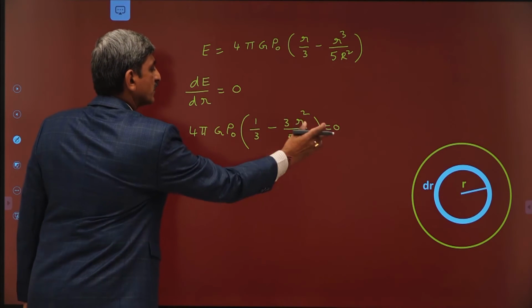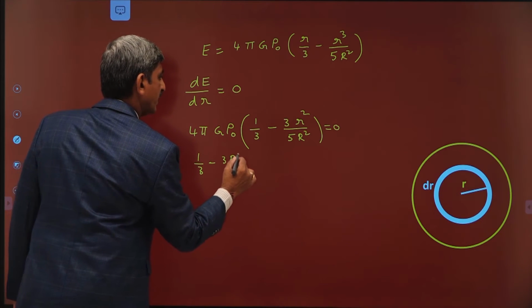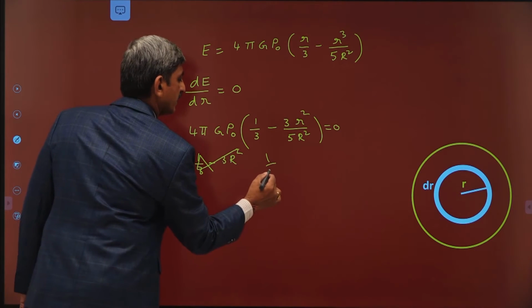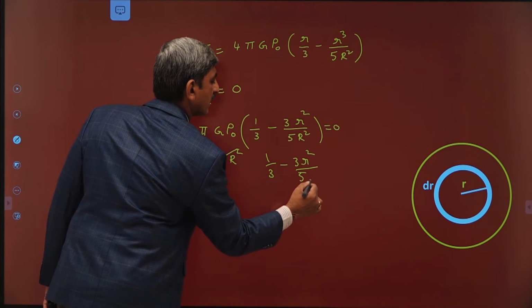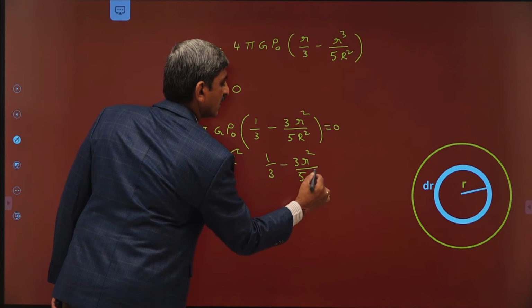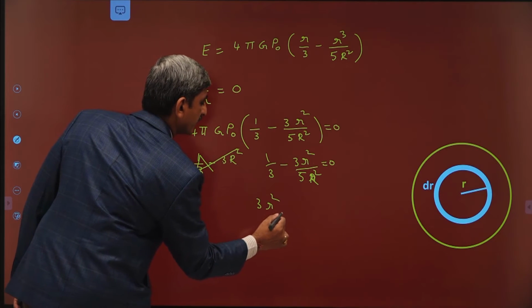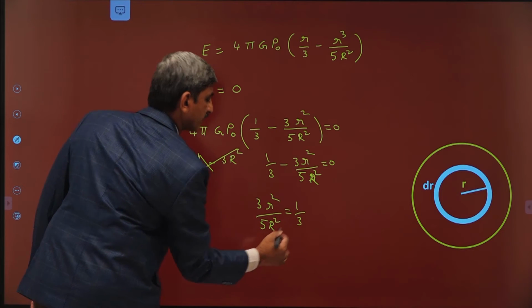By taking this one to that side, we have 1 by 3 minus 3r square by 5R square is equal to 0. From this we have 3r square by 5R square is equal to 1 by 3.